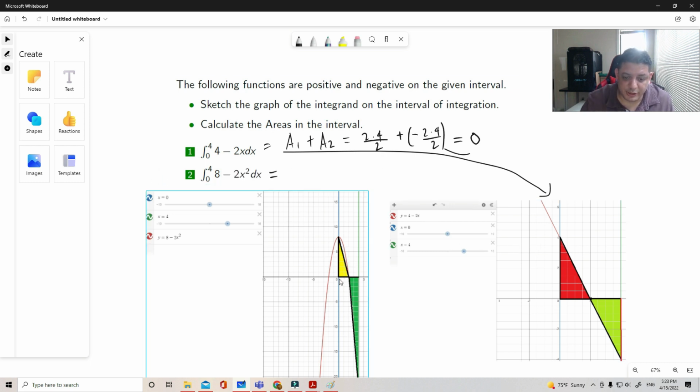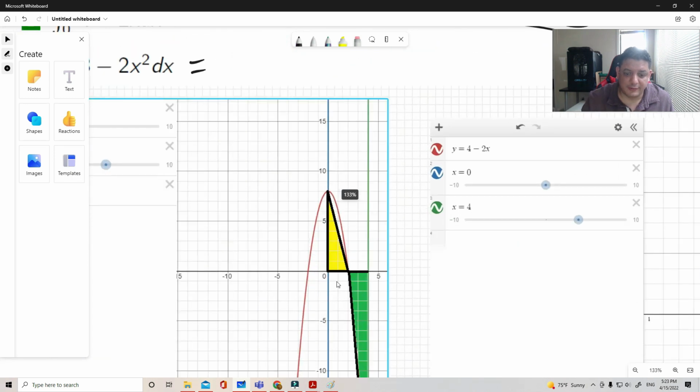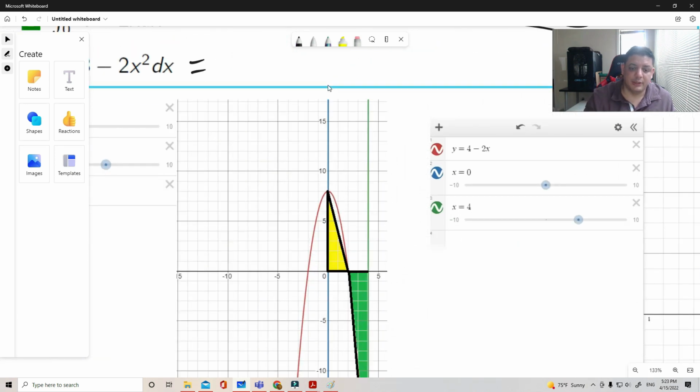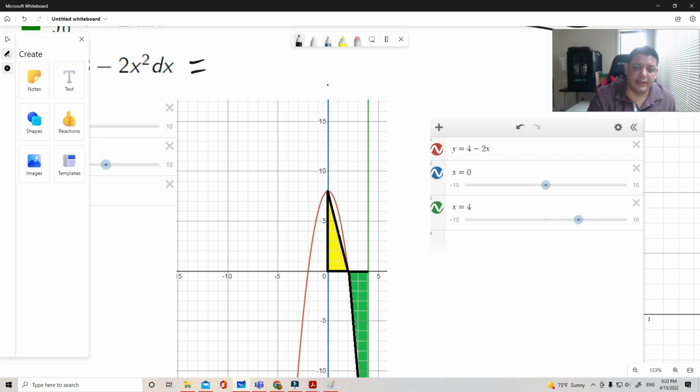I could potentially approximate these two areas, and I'll have here 2 times 8 divided by 2 with this triangle, and plus, we're going to have a minus from the negative area.